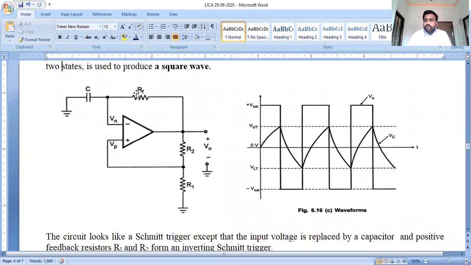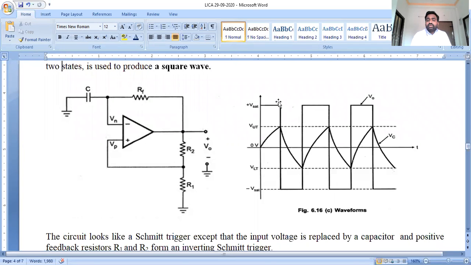That is what we analyzed with respect to circuit configuration, and next we explained the behavior of the waveforms in this circuit: the output voltage waveform with respect to capacitor charge and discharge. Initially the capacitor has a certain voltage, and the output is at plus Vsat.